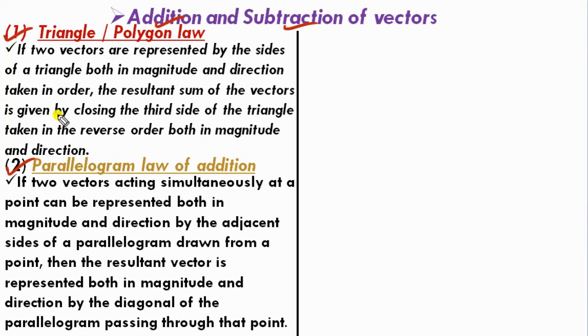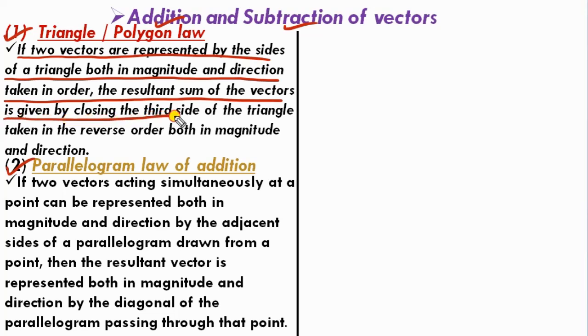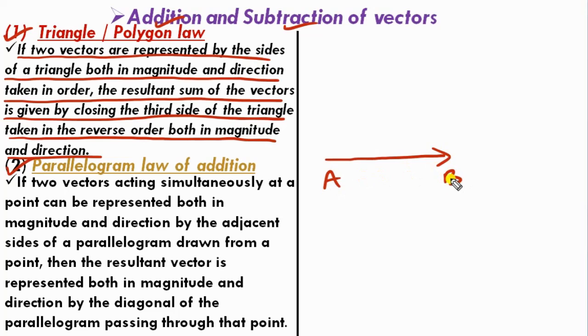Clear? Now, the triangle law states that if two vectors are represented by the sides of a triangle, both in magnitude and direction, taken in order, the resultant sum of the vectors is given by closing the third side of the triangle taken in reverse order, both in magnitude and direction. That means, let's say we want to add two vectors. The first vector is vector AB and the second vector is vector BC.